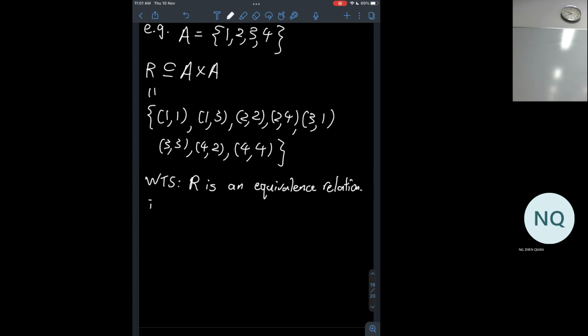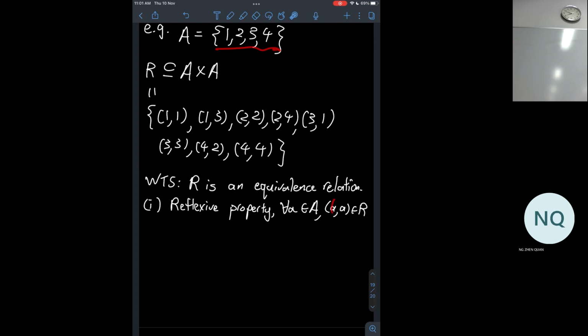So first, you need to check the reflexive property. That means for every a in A, (a,a) is in R. What are the elements in A? It is 1, 2, 3, 4.